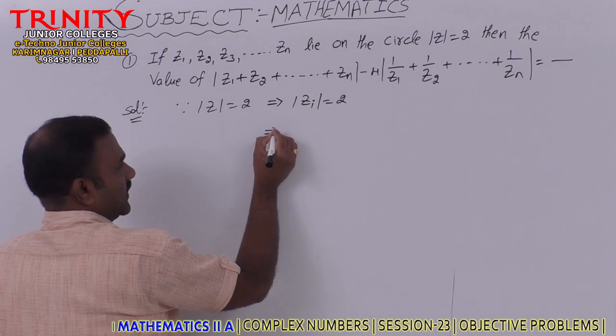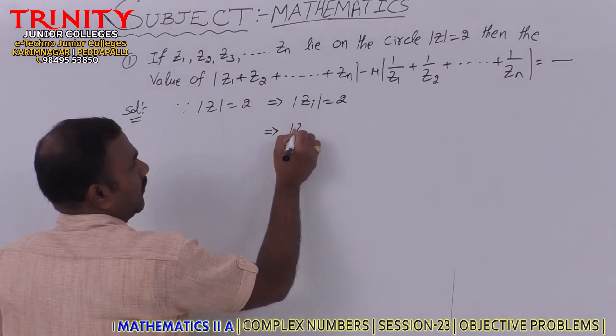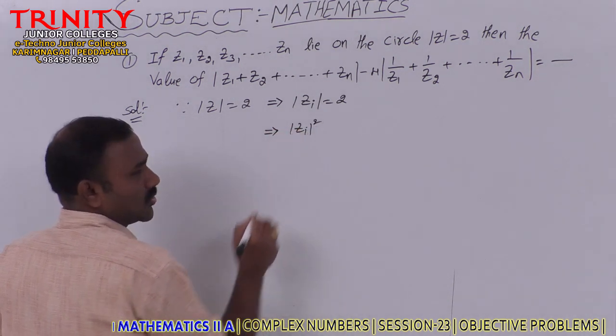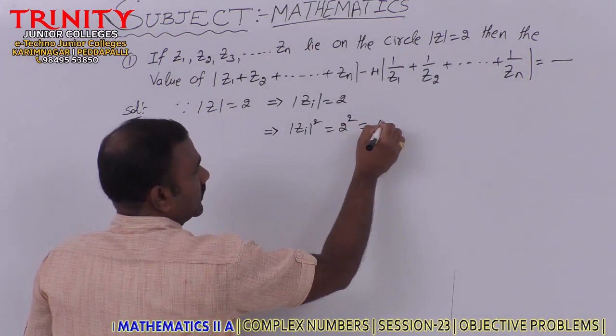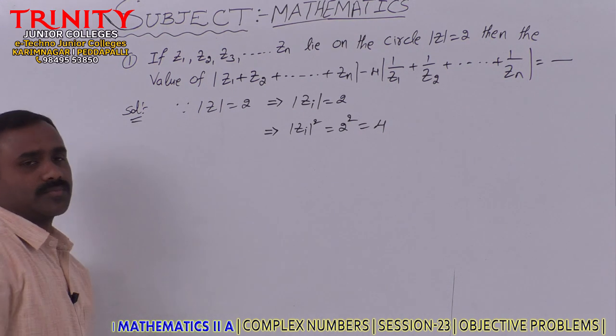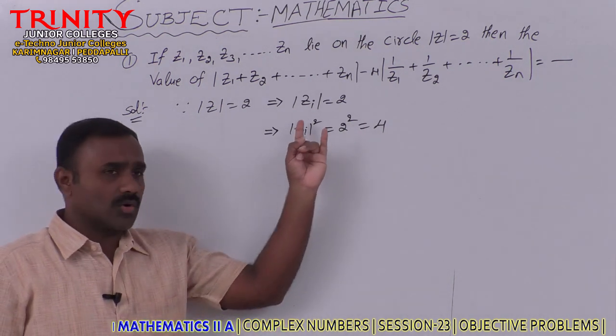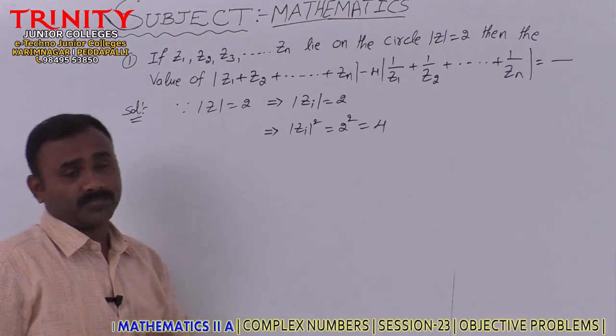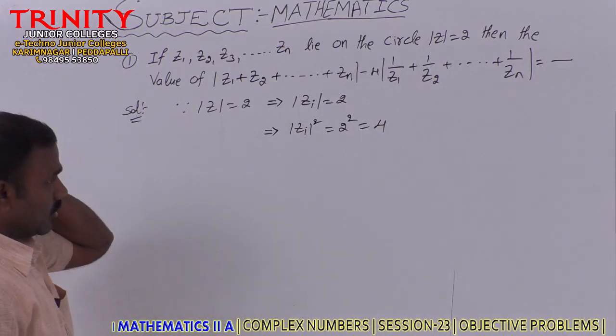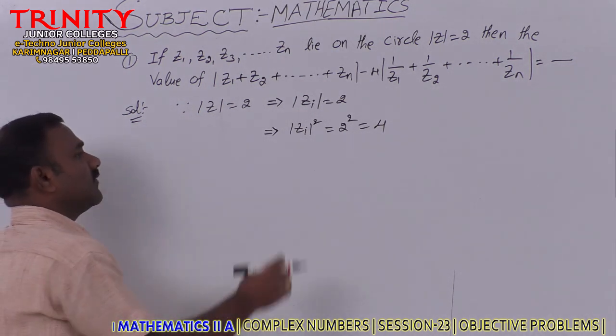From this, we can say that mod Zi whole square is equal to 2 square, that is nothing but 4. Why are we writing mod Zi whole square? Here we have one property.